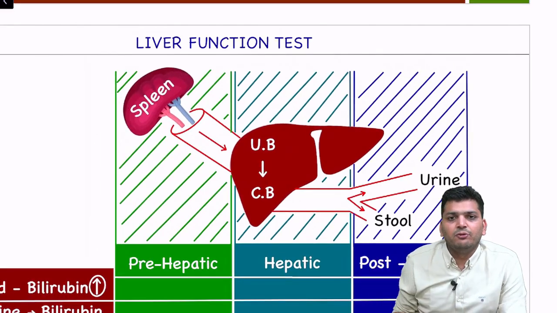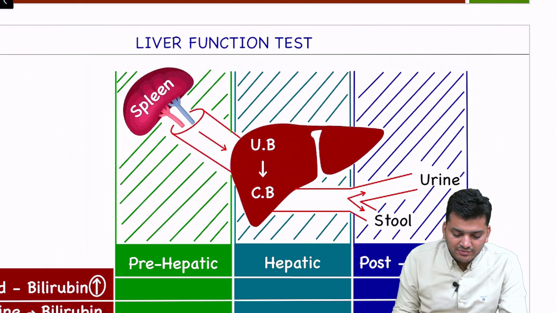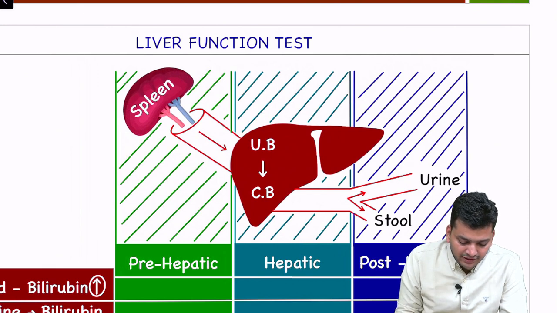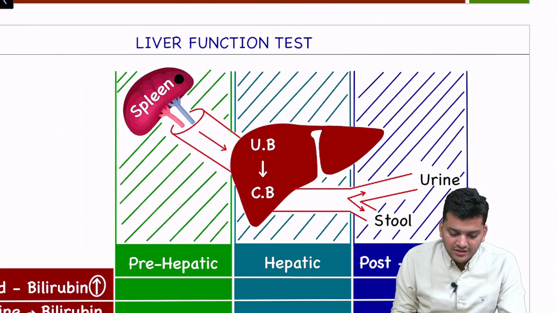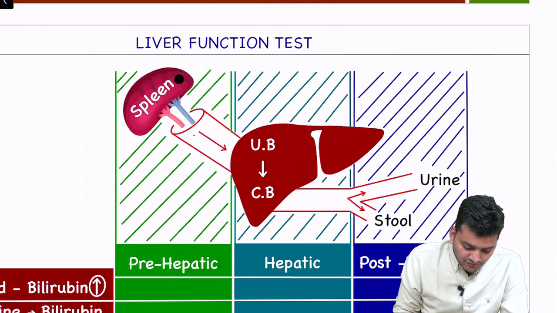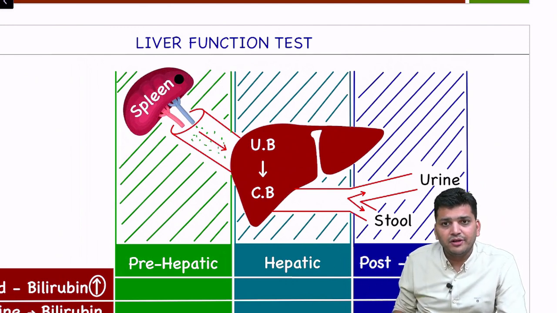Let's understand this circulation that we are already familiar with. The bilirubin is basically made in the spleen by the breakdown of RBCs. When the breakdown of RBCs happens, unconjugated bilirubin is made. This unconjugated bilirubin comes to the liver, where it gets converted into conjugated bilirubin.